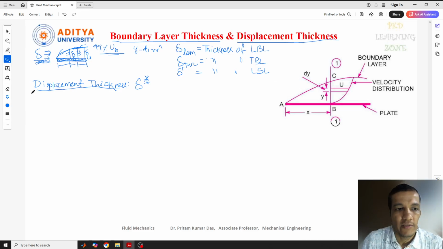How do we define displacement thickness? It is defined as the distance measured perpendicular to the boundary of the body. Everything we need to consider perpendicularly, in the y direction.